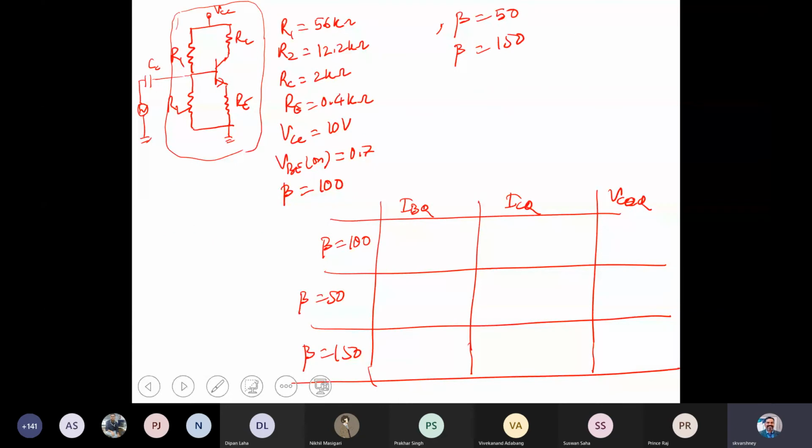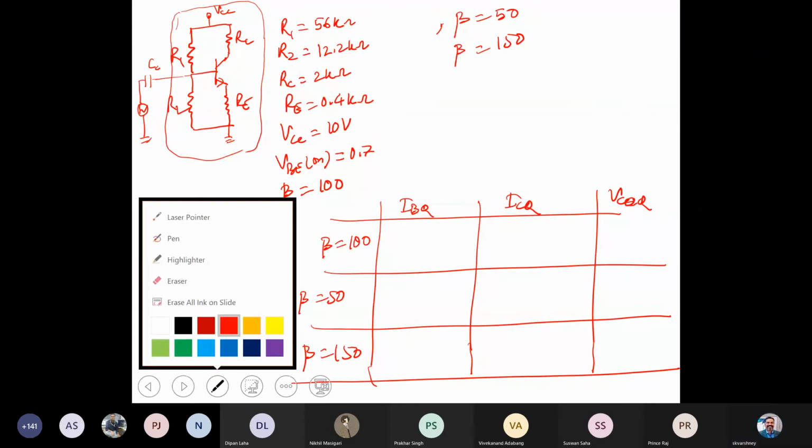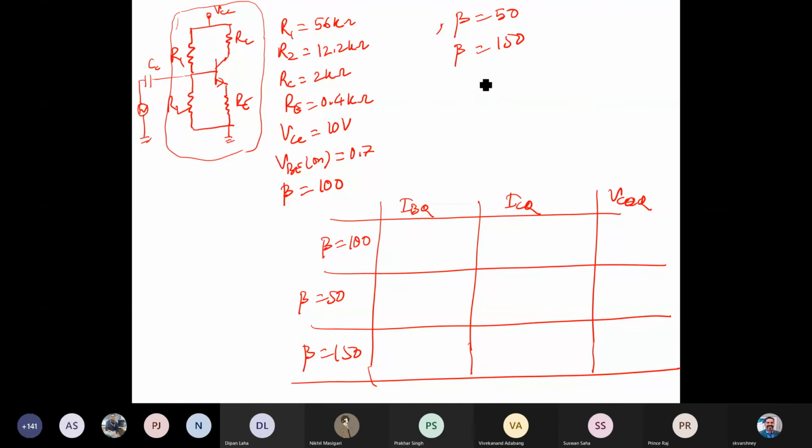So how many have done this? What is the VTH? VTH and RTH, these two numbers basically give R1 and R2. This is straightforward.